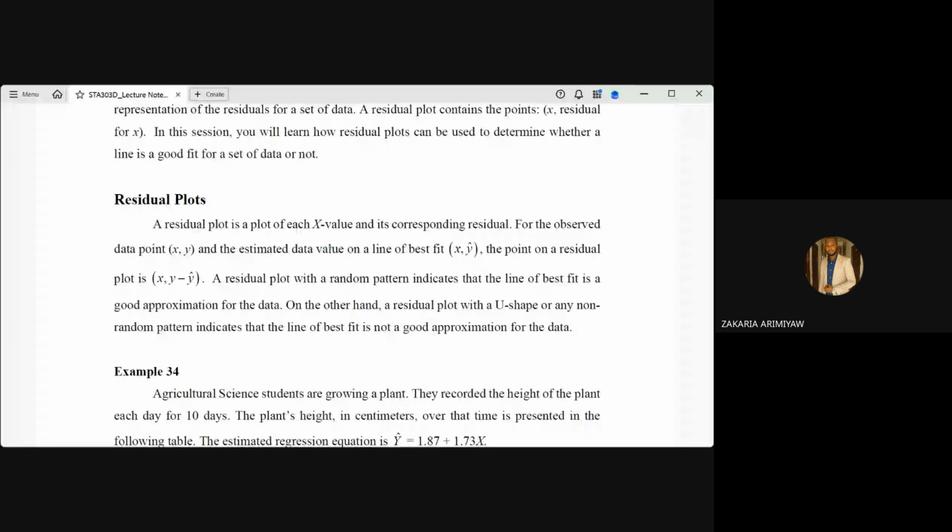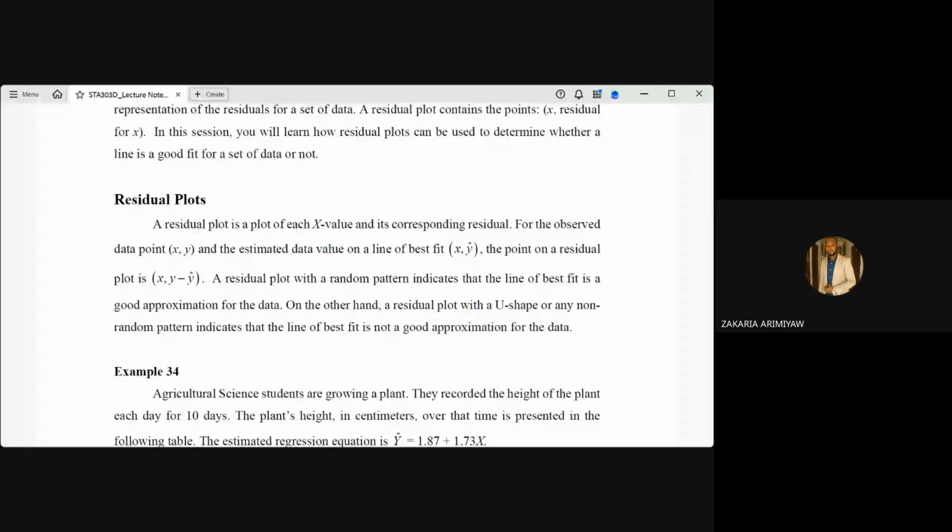They recorded the height of the plant each day for 10 days. The plant's height in centimeters over that time is presented in the following table. The estimated regression equation is given to be y cap equals 1.87 plus 1.73x.